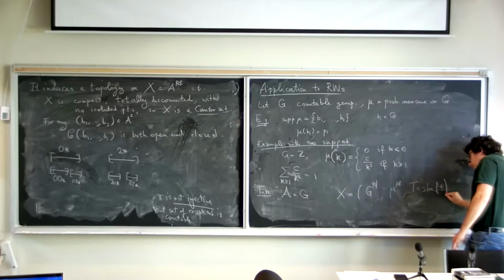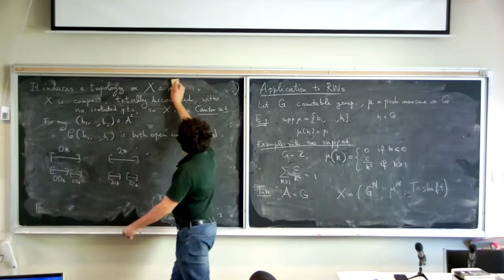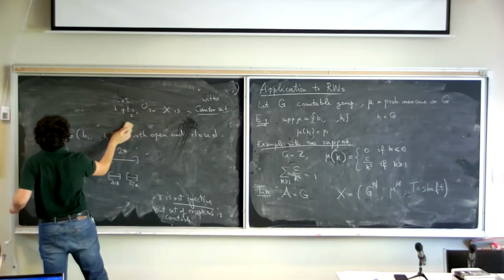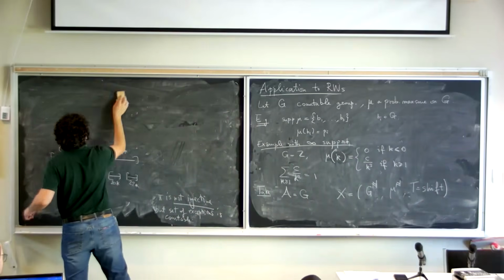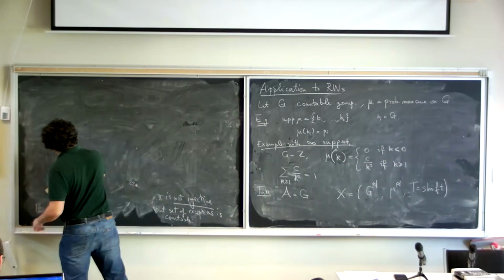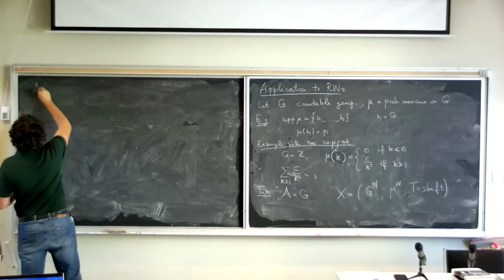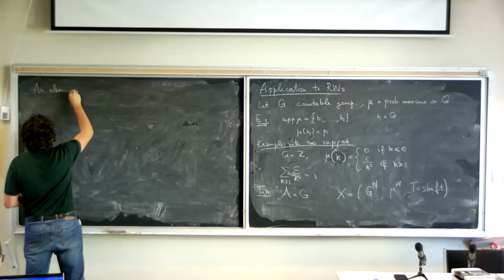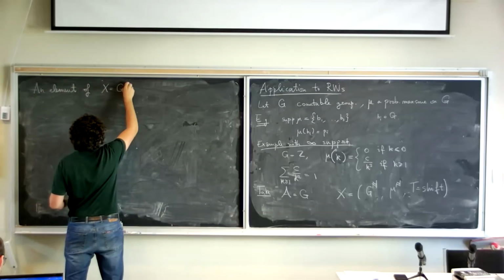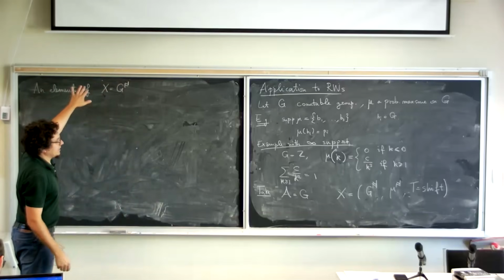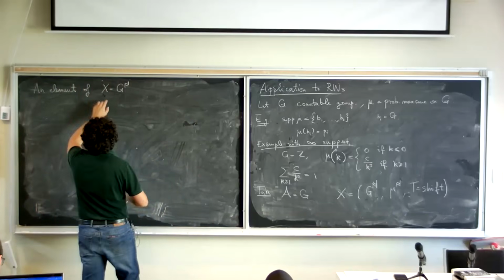So let me expand on that, because this is a really, really important point. An element of X equals G^N. Okay, we're not going to use the letter X for this set anymore, but just to keep in tune with what was said.